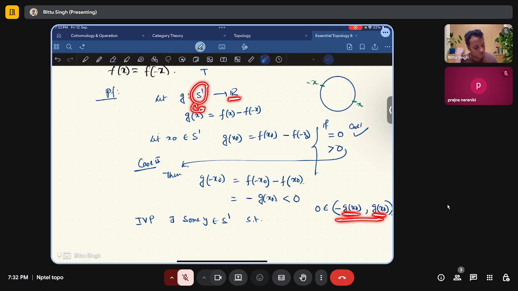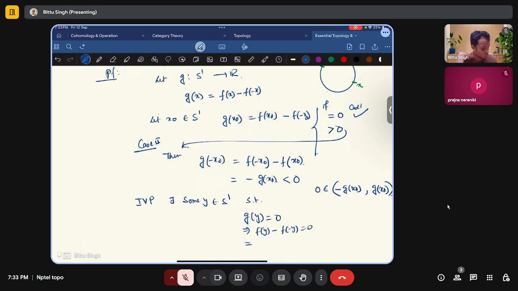The only condition is the domain should be connected and the codomain is the real numbers with Euclidean topology. So from IVP, there exists y belongs to S1 such that g(y) equals 0. But g(y) equals 0 means, by definition, f(y) minus f(-y) is 0. So again we have a point such that f(y) equals f(-y). Again we are done.